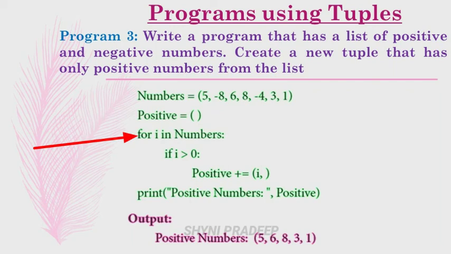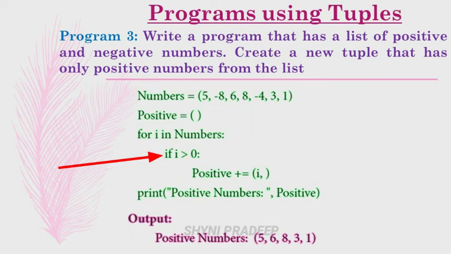Okay. Next, for loop. For i in numbers, you have to take the values one by one from the numbers list. Next, check the if condition. If i is greater than 0. So positive numbers should be greater than 0 and negative numbers should be less than 0. You all know that. Here you have to find the positive numbers, so the number should be greater than 0.